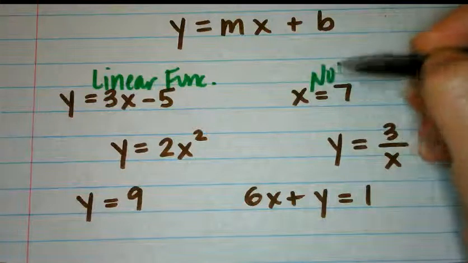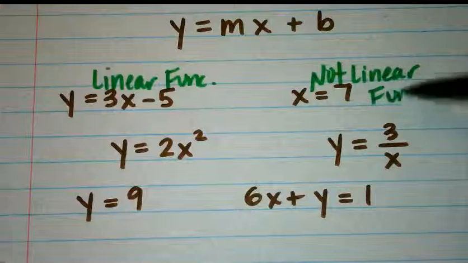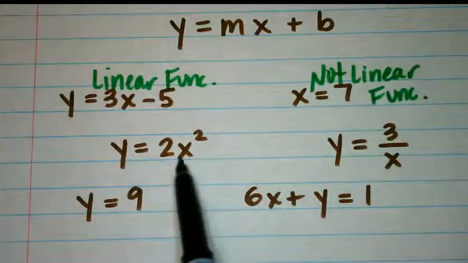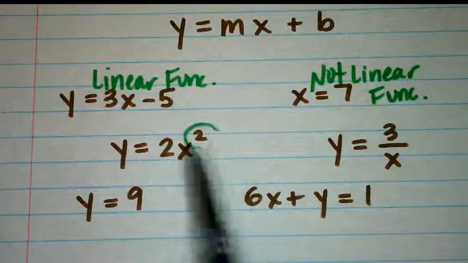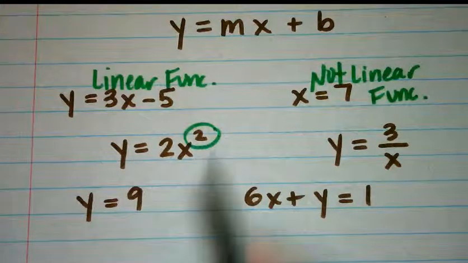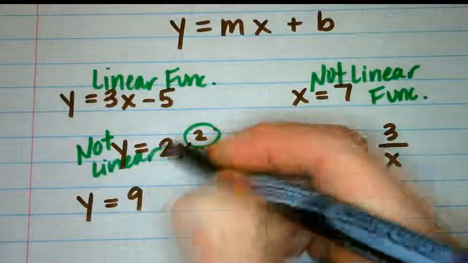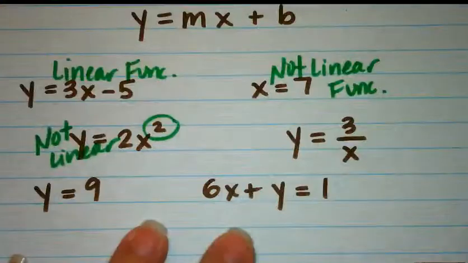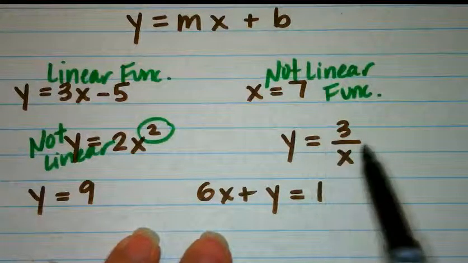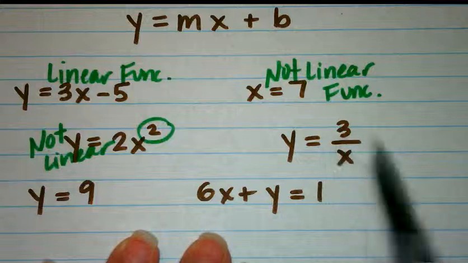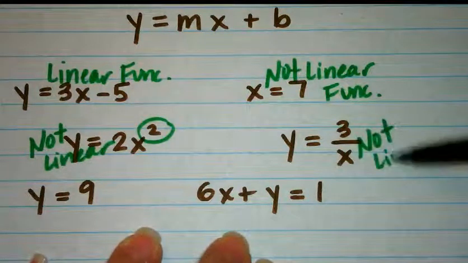This is not a linear function. When I look at this one, it's close. It looks like I have y equals mx, but this exponent throws it off. So this one is not a linear function. Looking at this one, I have to be able to write it as y equals mx plus b. I can't have it divided by x, so this one is not a linear function.